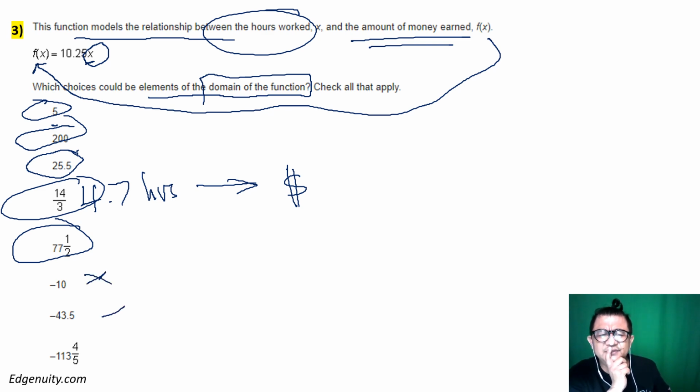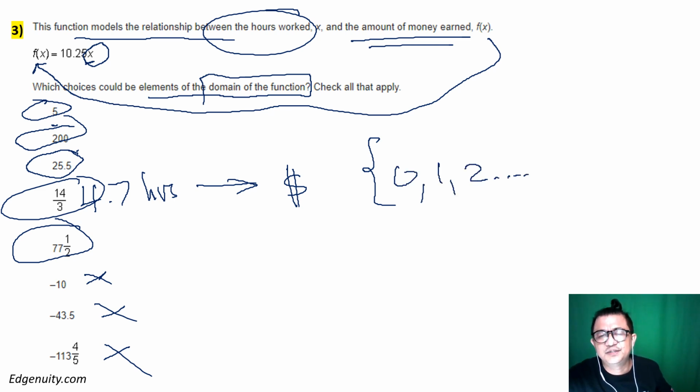You cannot work for negative hours. So your domain could be the number 0 going up to infinity. But we don't know, right? You can't work for an infinite number of hours. So those are my choices for the domain. It will result in a range, but you're not asked about the range.